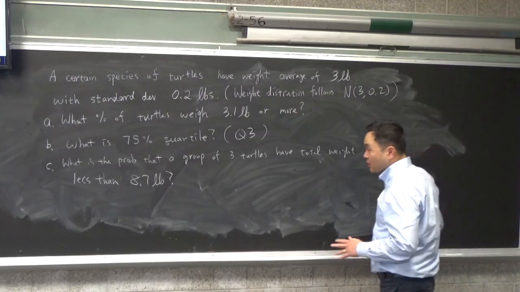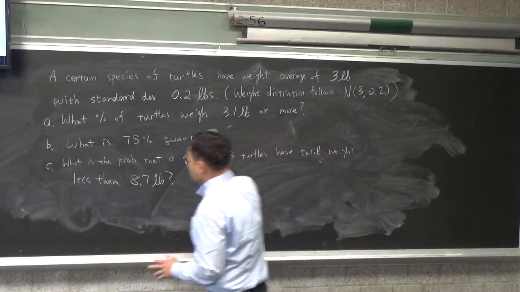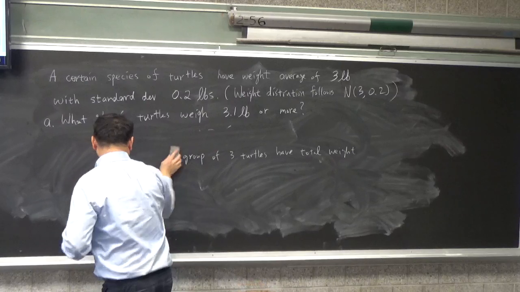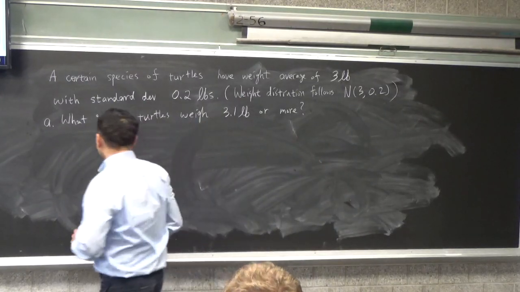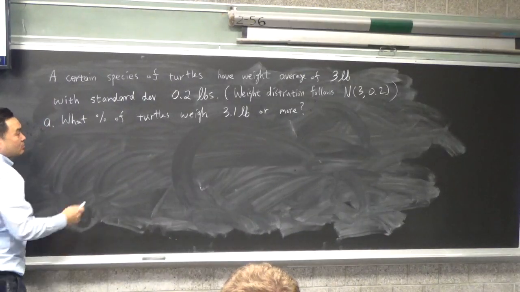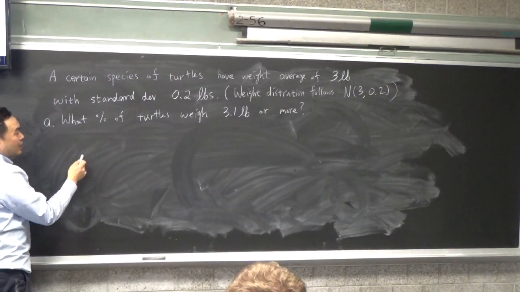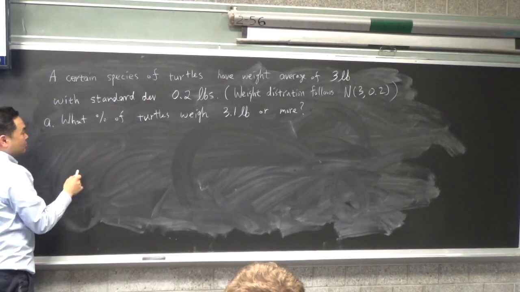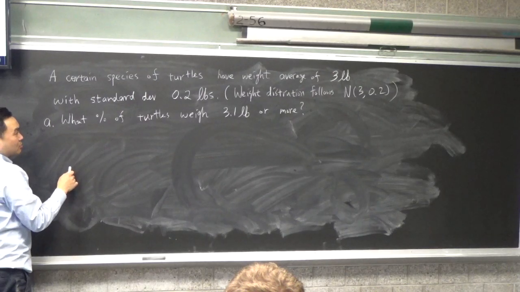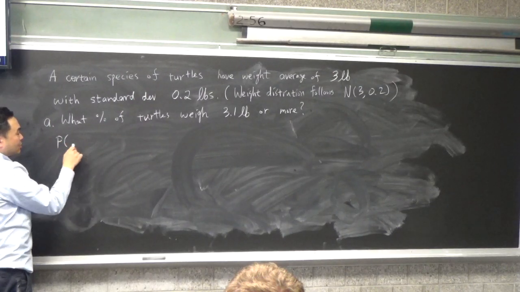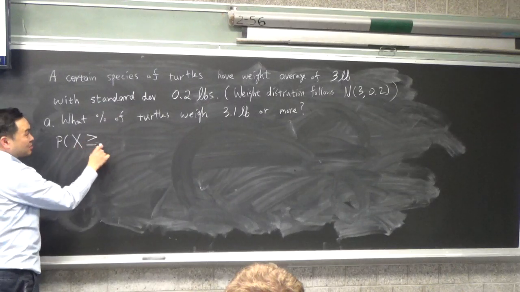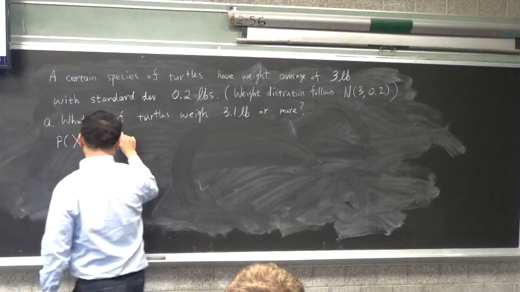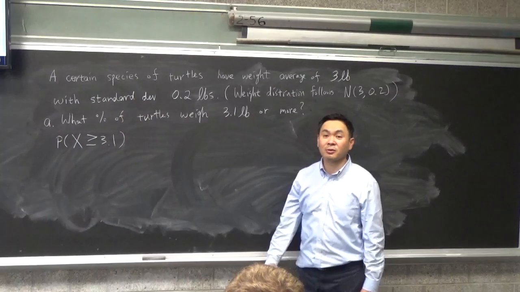Let me just erase some parts because I want to start talking about these. So first of all, how do you calculate this? Well, if x is the weight of a turtle, we're asking for the probability that x is bigger than 3.1. Isn't that right?